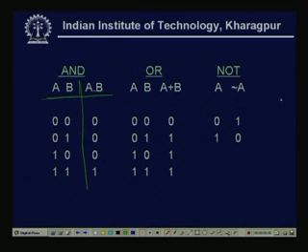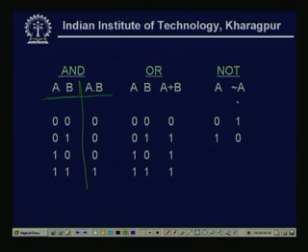And another, if we take only one element A and the complement of A, then this is nothing but similar to the NOT gate.